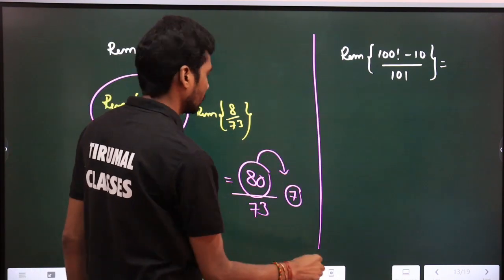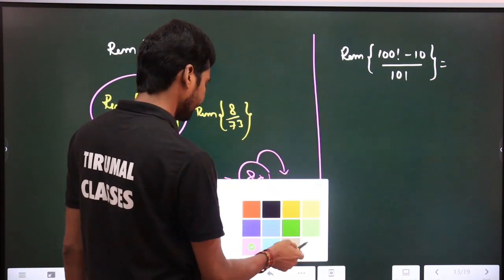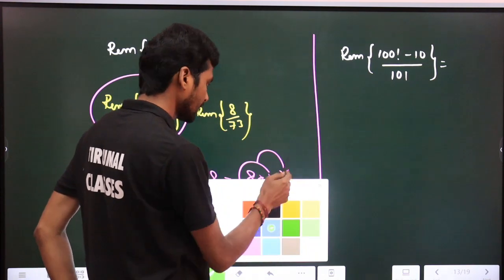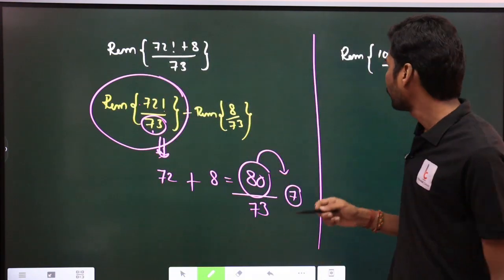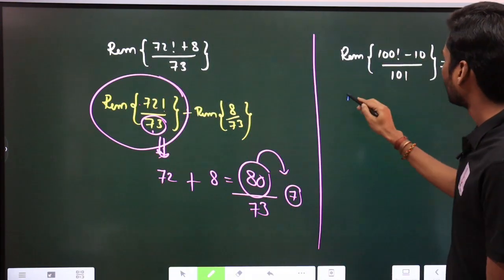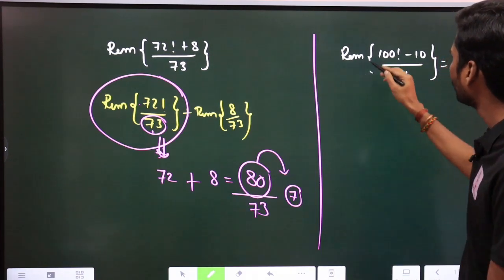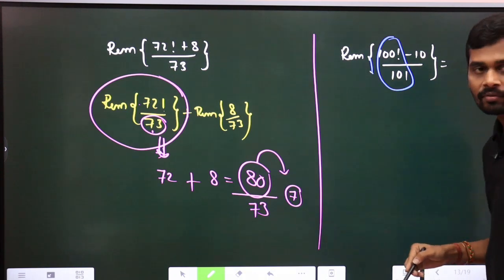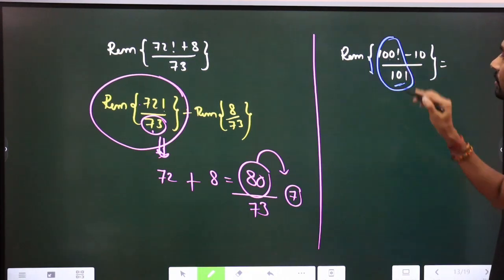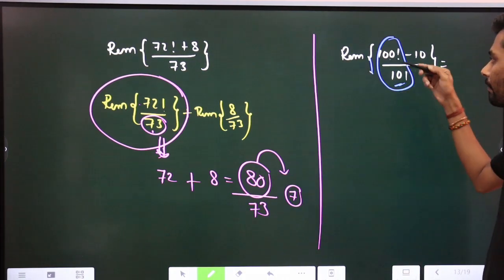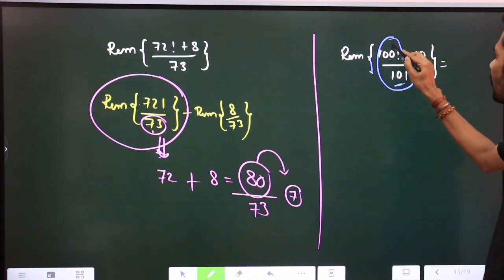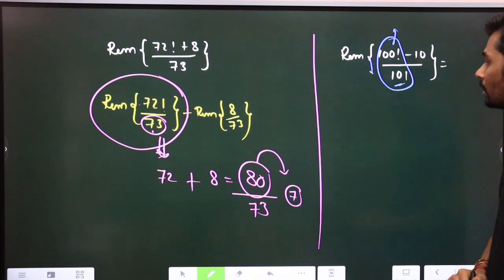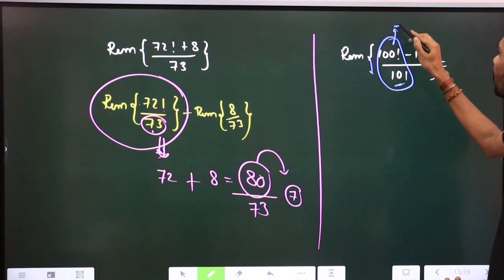Now let's take the next problem. Remainder of 100 factorial minus 10 by 101. First take the part remainder of 100 factorial by 101. This is a prime number and the numerator is one less than the denominator, so the remainder is minus 1.